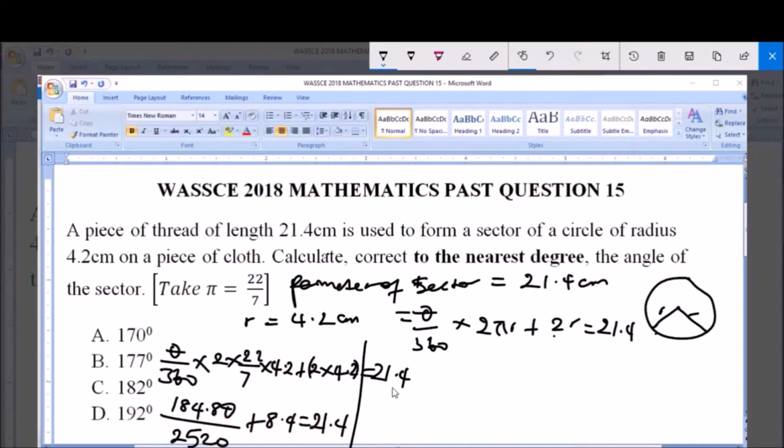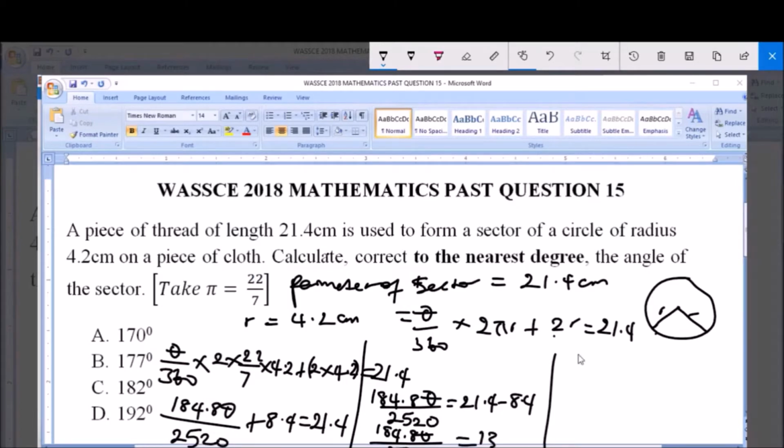Now from this we can simply say 184.8 theta all over 2520 is equal to 21.4 minus 8.4. Now from this we'll have that 184.8 theta all over 2520 is equal to 13.